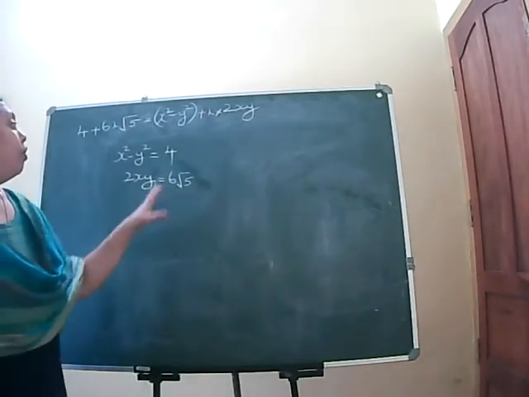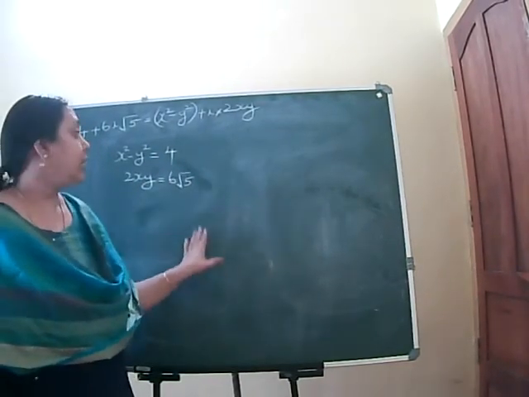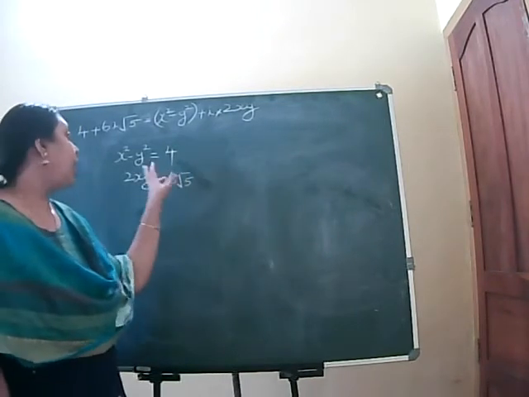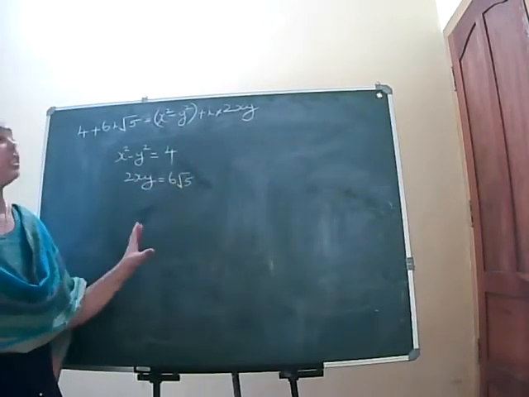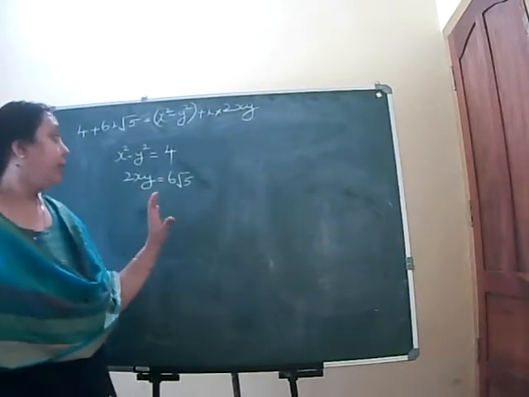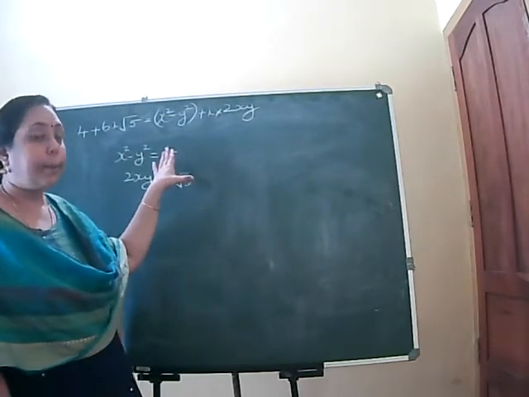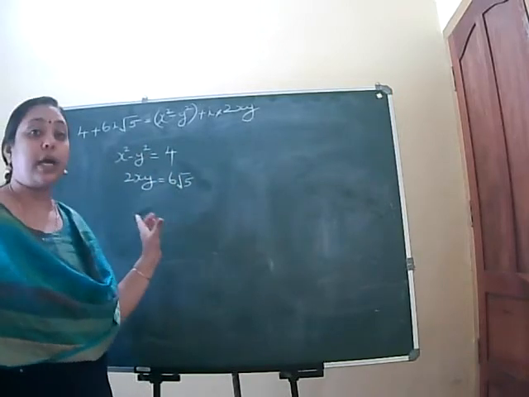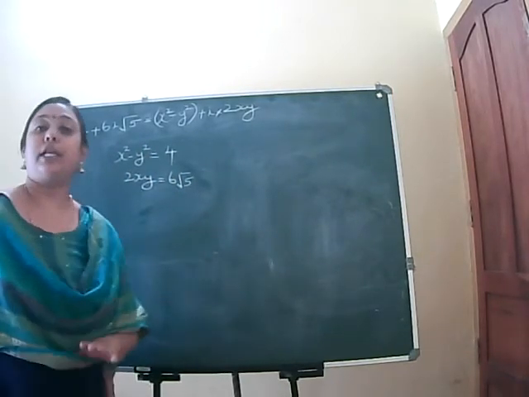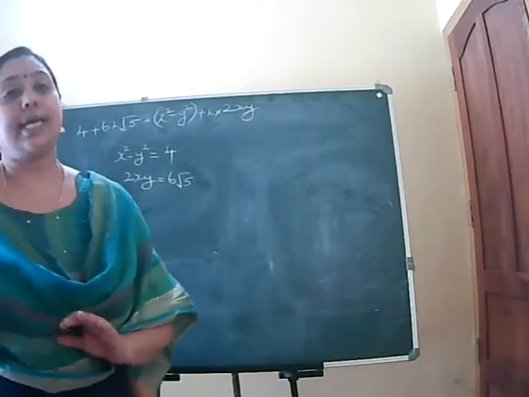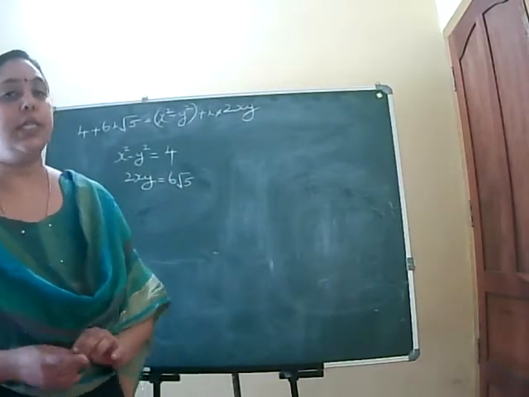Okay. From these two equations, we find out the value of x square plus y square, and then using the values of x square minus y square and x square plus y square, we find out the value of x and y. That is the procedure.